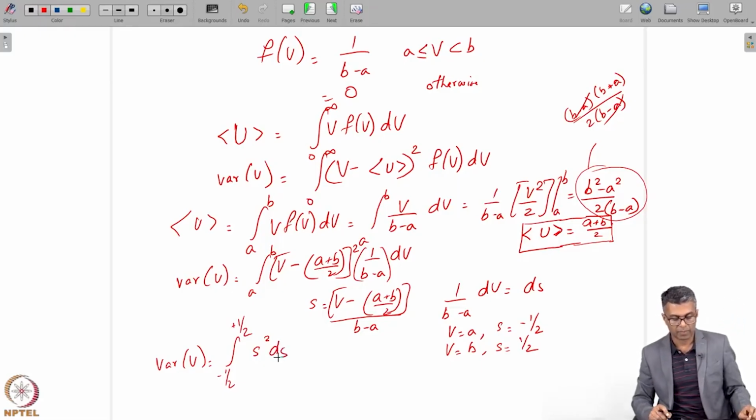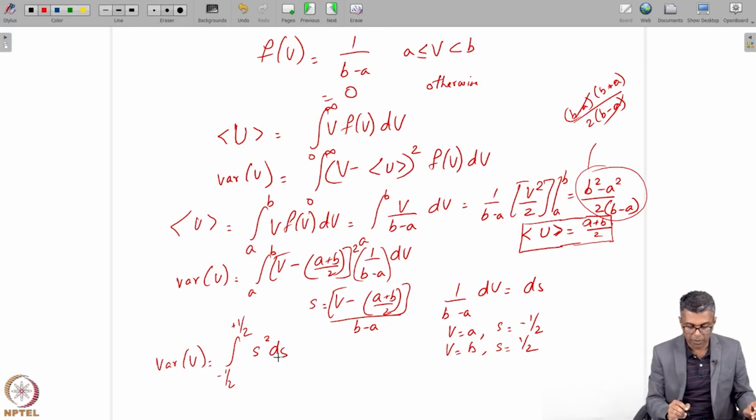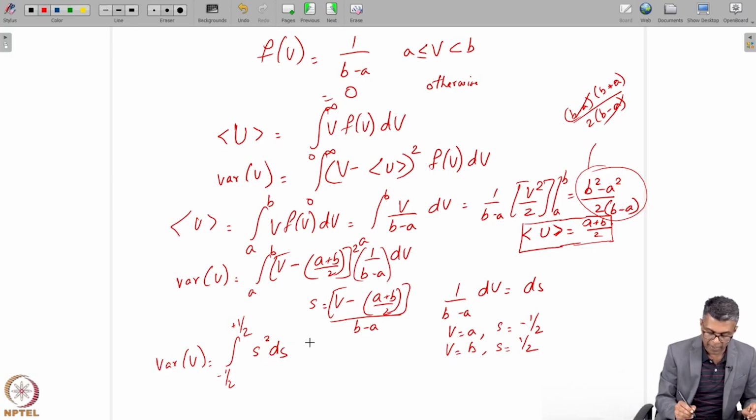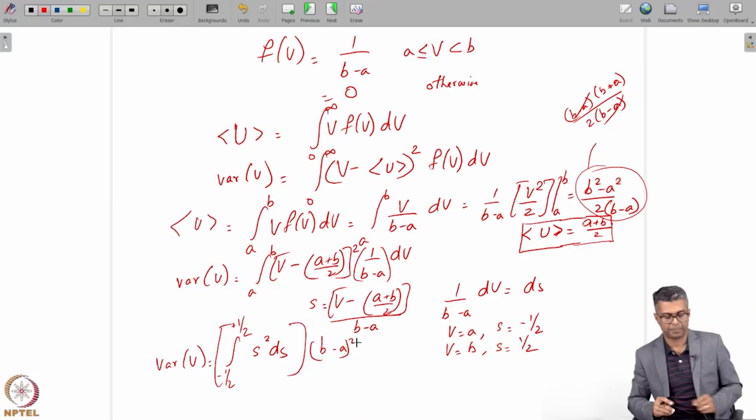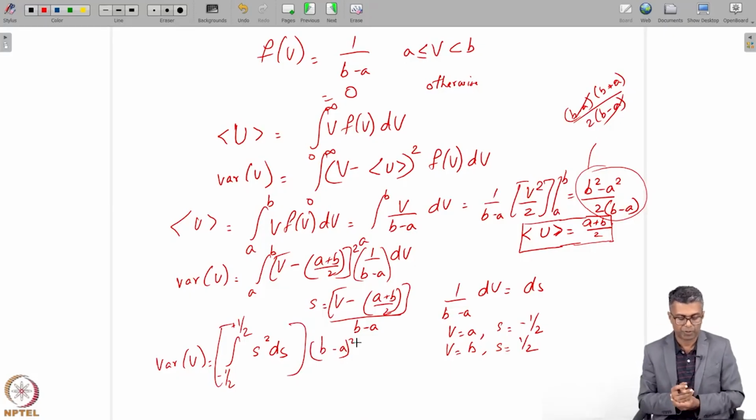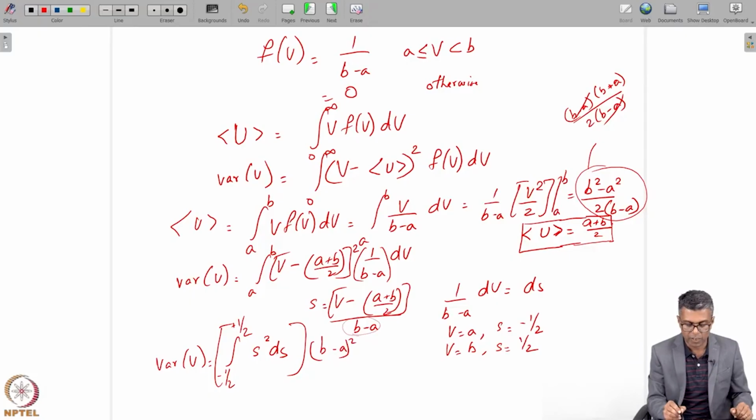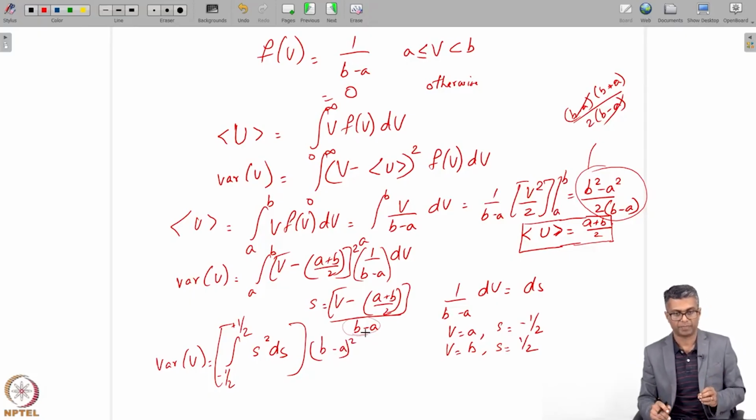But keep in mind, because it has to be s squared, the whole thing will have to be multiplied by (b − a) squared, just so that you can get that part in the denominator.